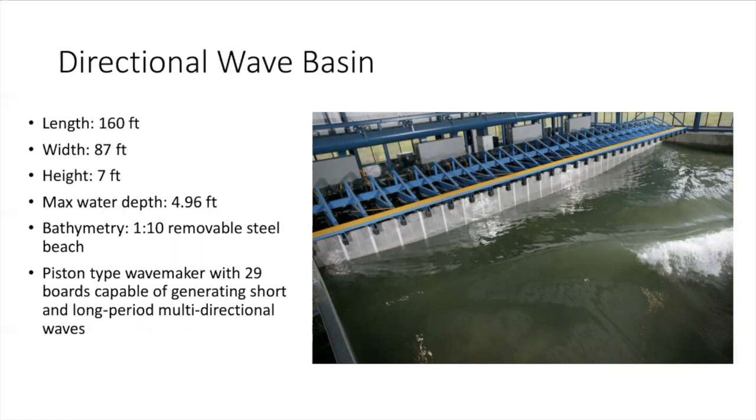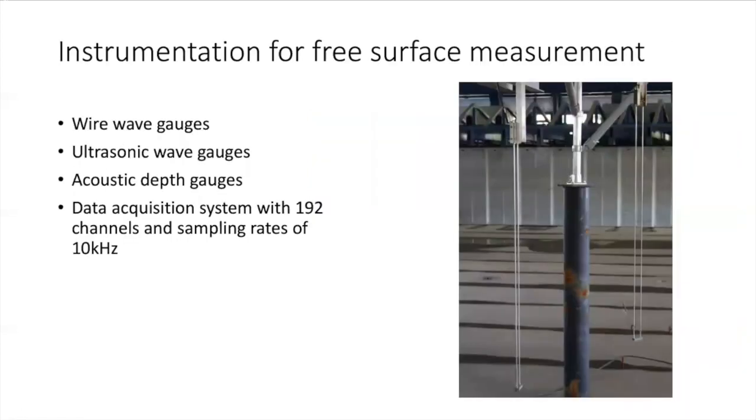This wave basin is capable of creating three-dimensional wave fields by generating short and long period multi-directional waves. Some of the instrumentation that is used to generally measure the free surface are wire wave gauges, which are shown in the picture on the right there.